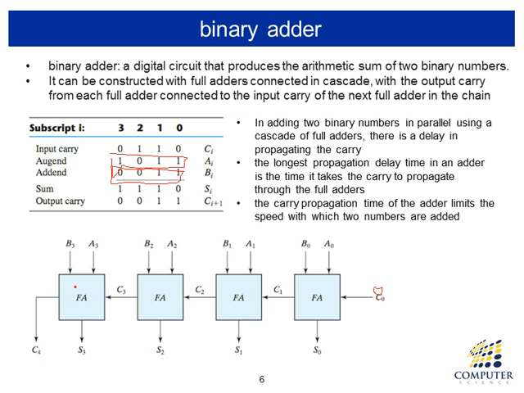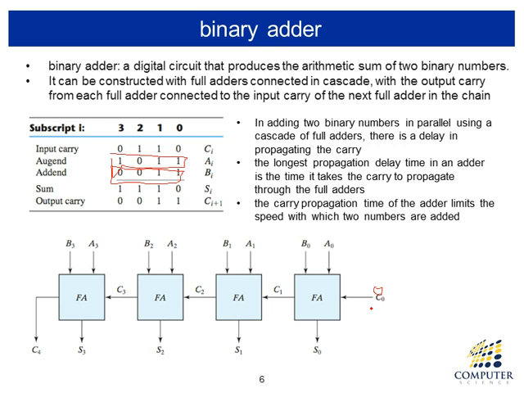So the leftmost bit position needs a carry from the previous position, and that one needs a carry from the previous full adder, and that one needs a carry from the previous full adder, and so on. So the leftmost full adder must wait until all the other full adders are done.